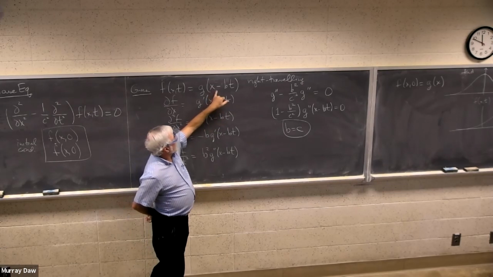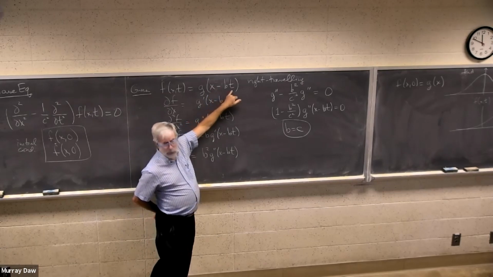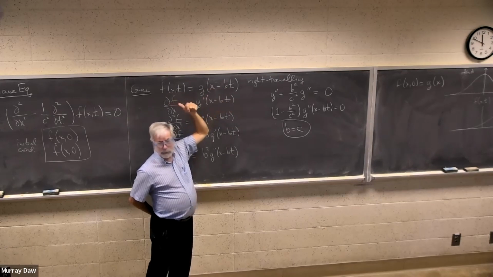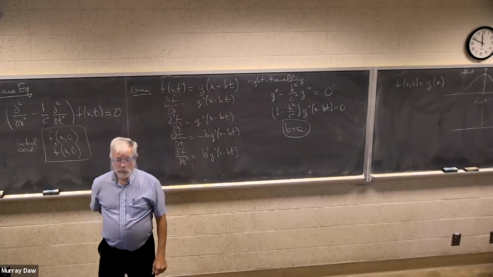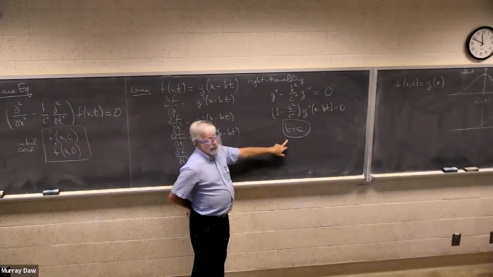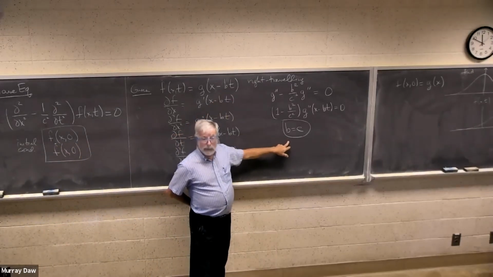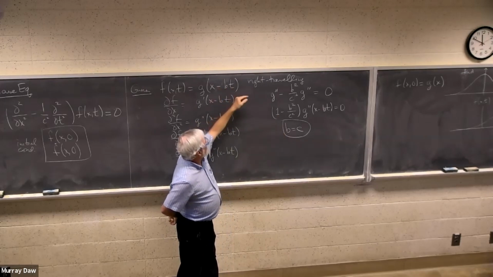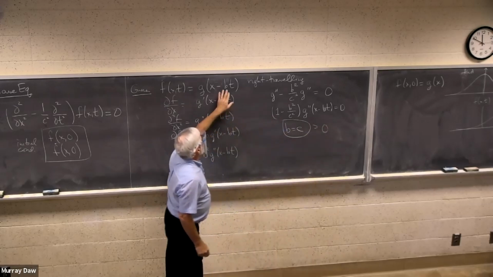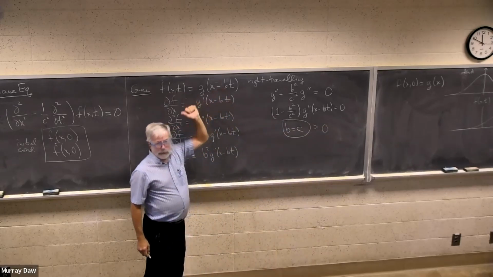So if I say x plus bt is equal to 0, then I've got something that's going to the left. That makes sense? So B here is the speed of propagation, or the velocity of propagation. If B is positive here, it means it travels to the right. If B is negative, if we just flip the sign of this, then it's going to travel to the left.